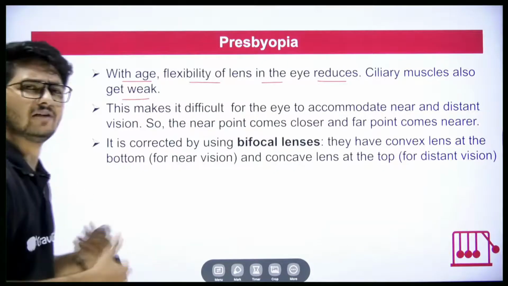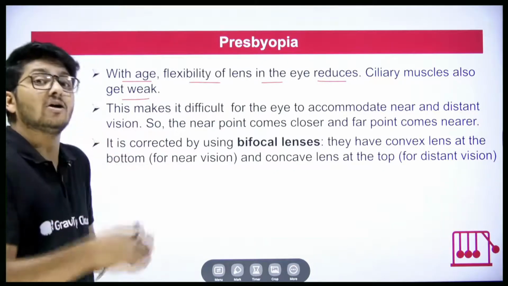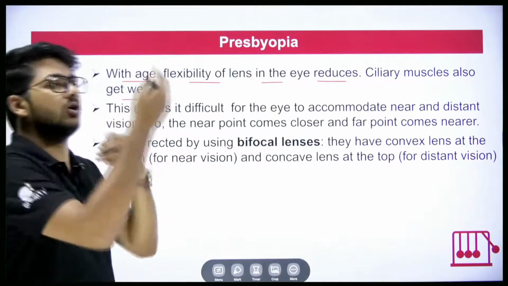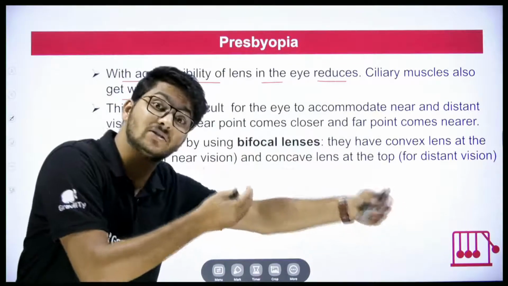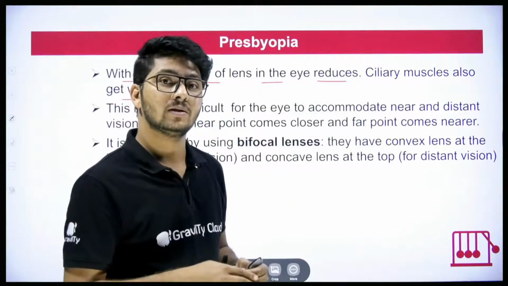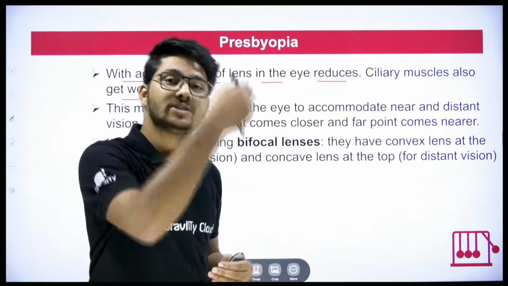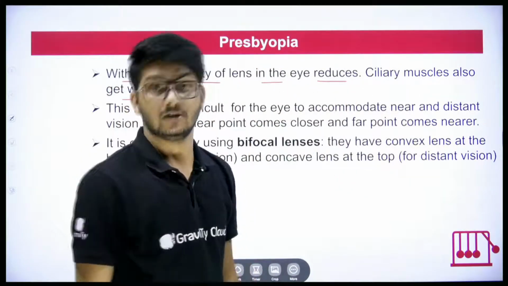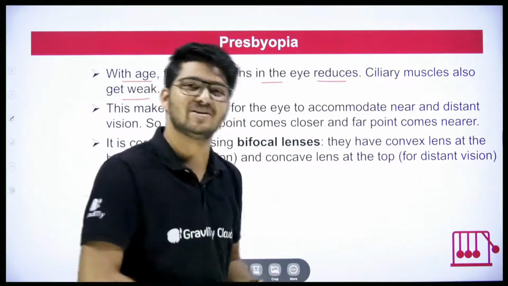This makes it difficult for what? You are losing your power of accommodation. So this makes it difficult to focus on near and far objects at the same time. That means you will not be able to see near objects as well as far objects. So you have both myopia and hypermetropia.